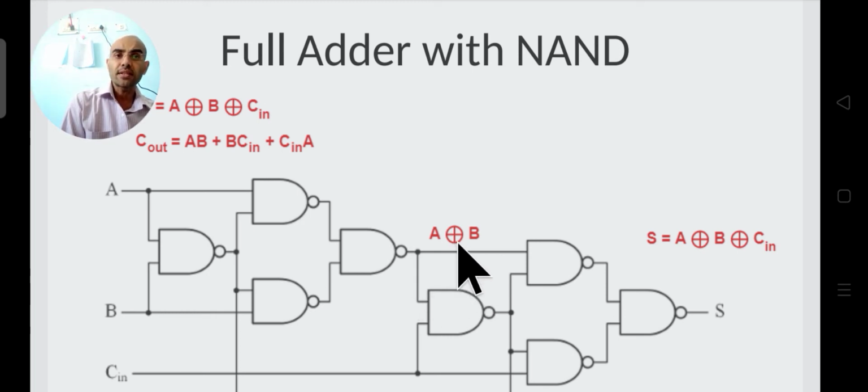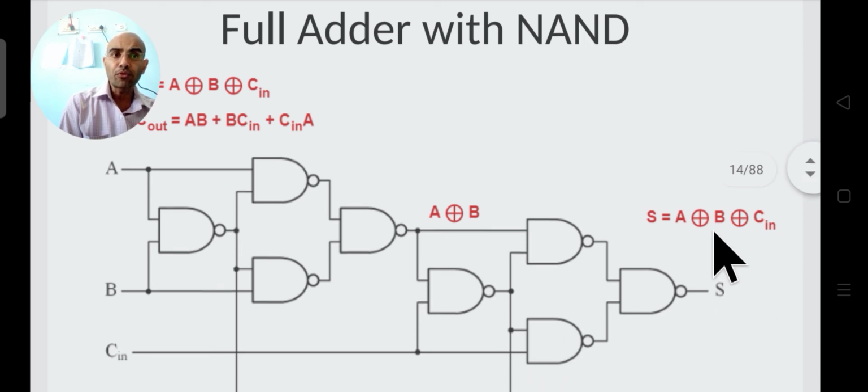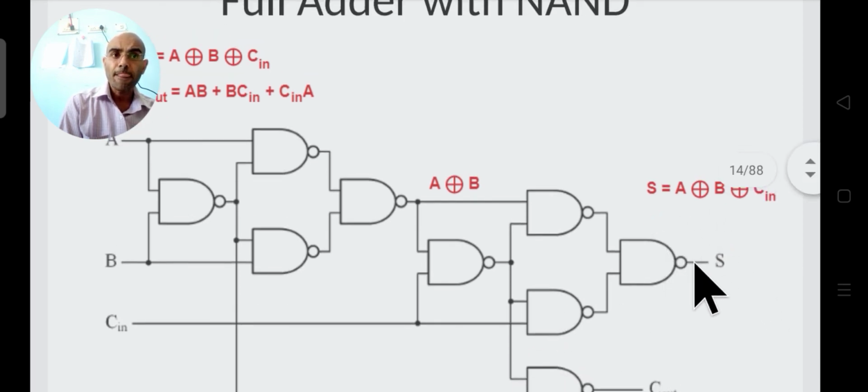Now if we put this as one of the inputs to this NAND gate and the Cin as the second input, then again it is becoming a second half adder. The output for this will be your sum output. You can verify it very easily.